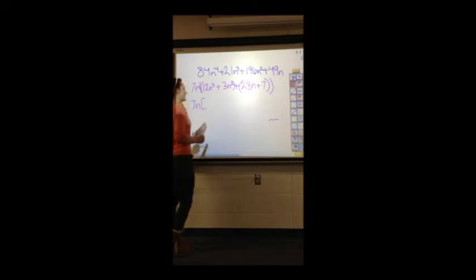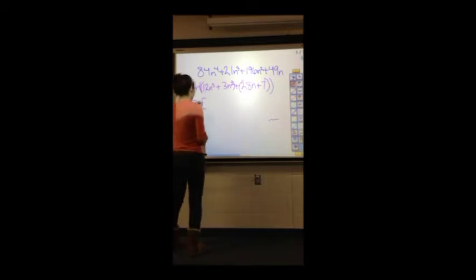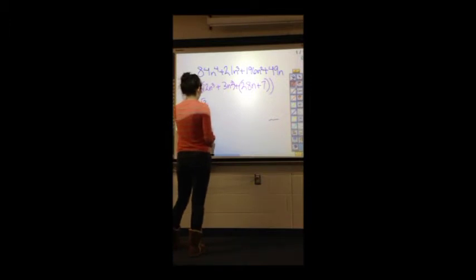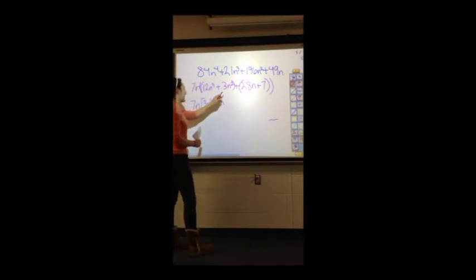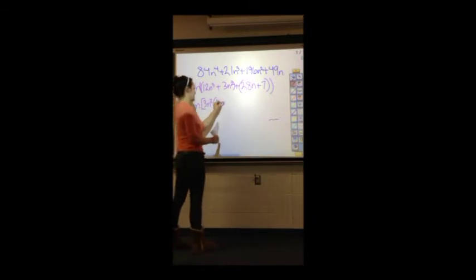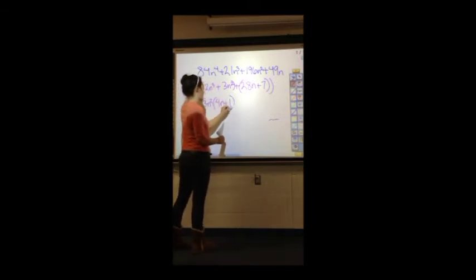So 12n cubed divided by 3n squared is going to be 4n. Then 3n squared divided by 3n squared is just a 1. So you're going to end up with a 4n plus 1.